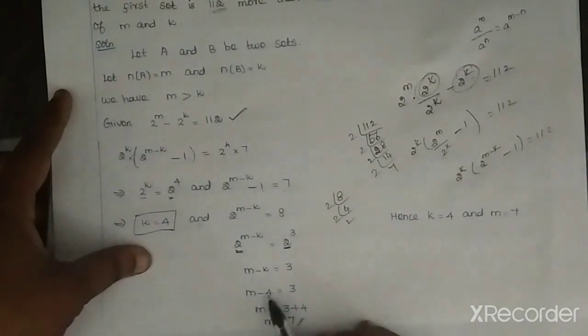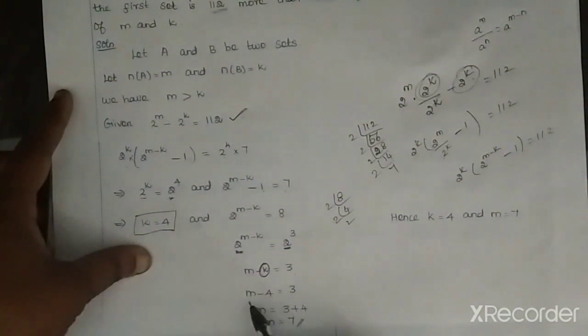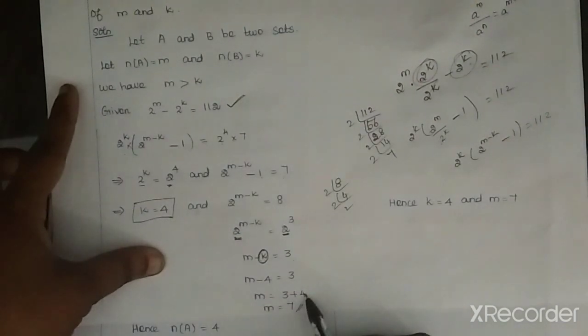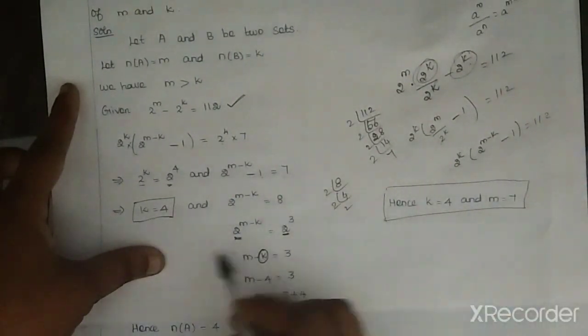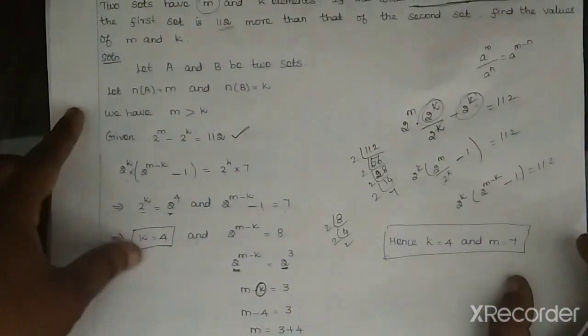What is the value of k? The value of k is 4. So m minus 4 equal to 3. Then m equal to 3, and 4 going to the right side becomes plus 4. So m equal to 7. Hence the value of k is 4 and m equal to 7.